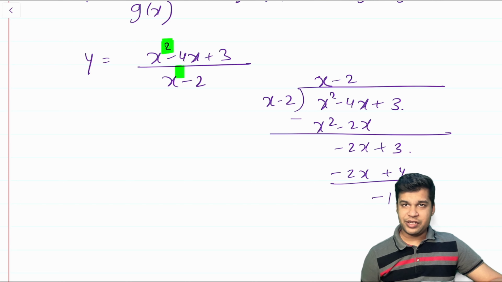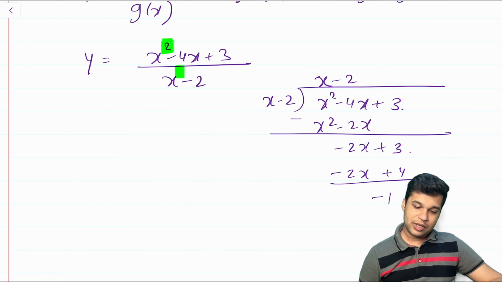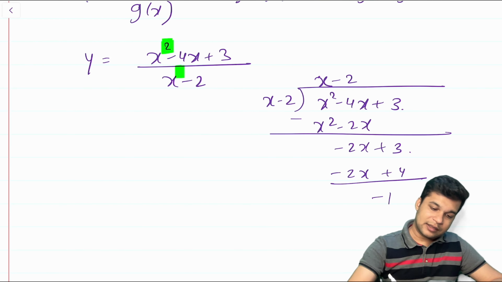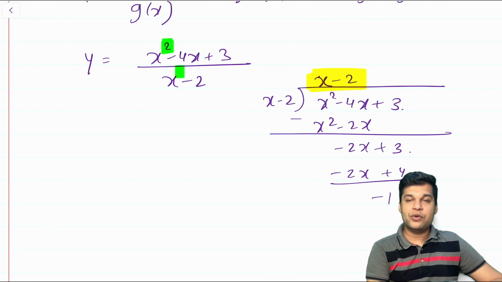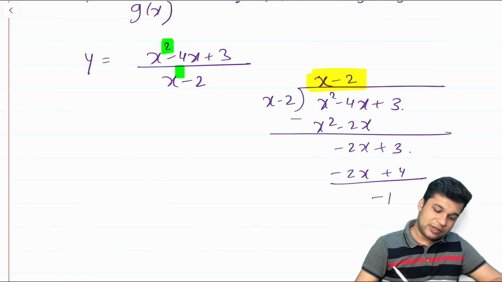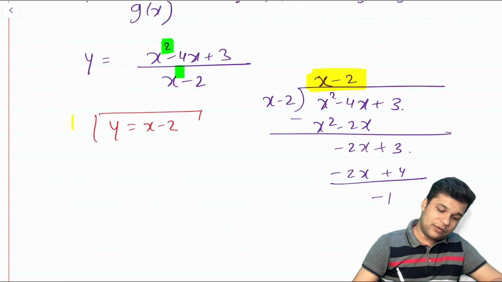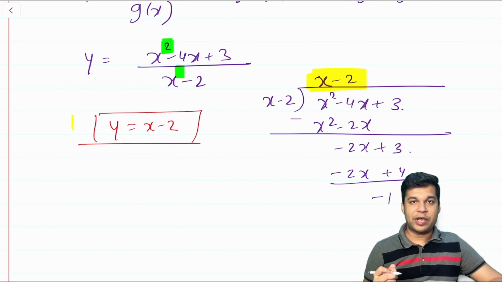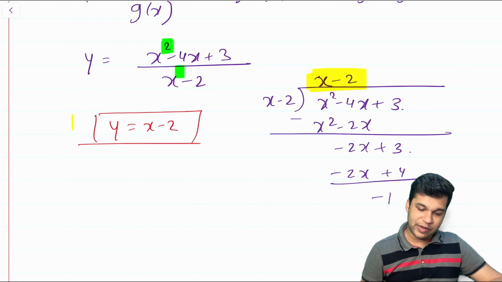So the quotient over here will give you the oblique asymptote. Let us verify. So basically y equal to x minus 2 will give you the oblique asymptote. So let us verify.